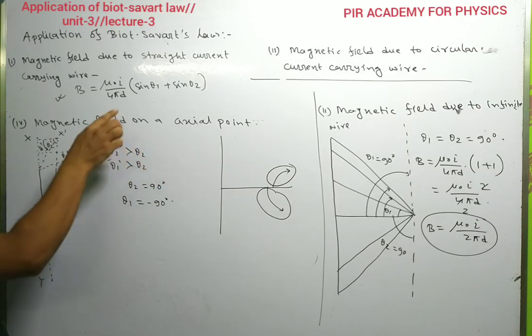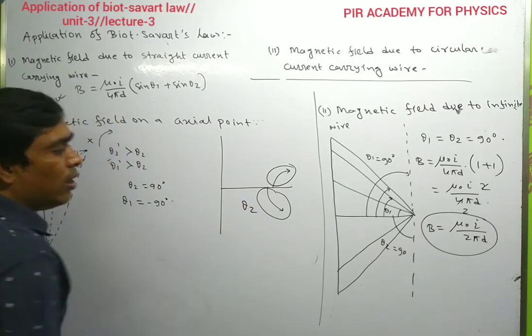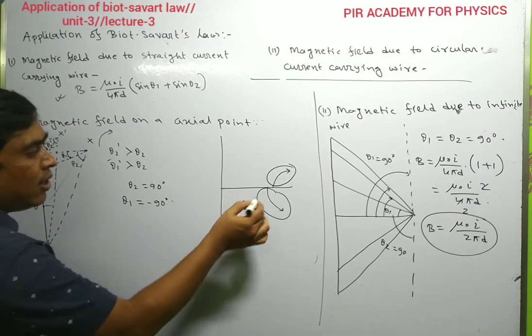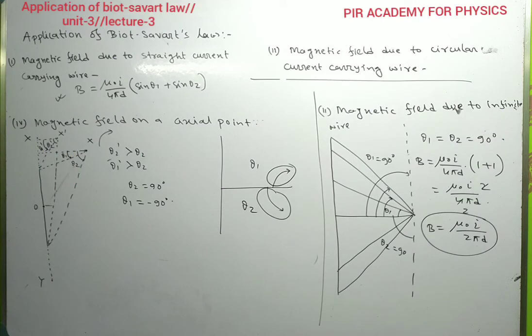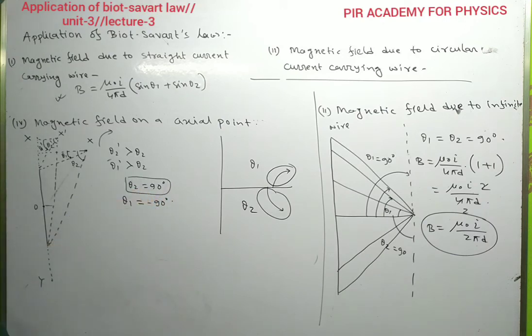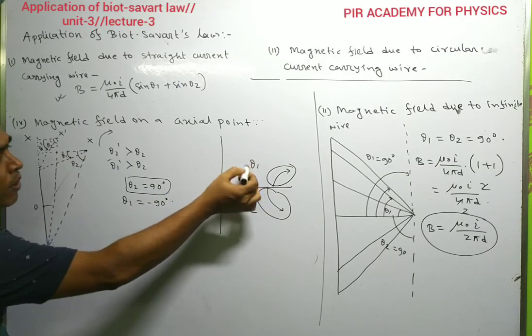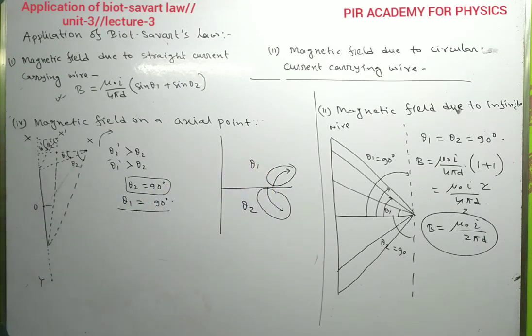When I deduced this formula, theta 2 was taken in this direction and theta 1 in this direction. Here theta 1 and theta 2 are in the same direction, that's why theta 2 is plus 90 degrees, but theta 1 is reversed compared to this, so theta 1 is minus 90 degrees.